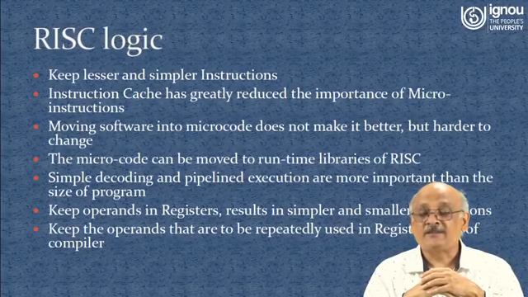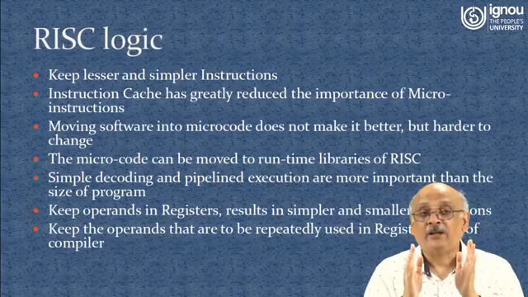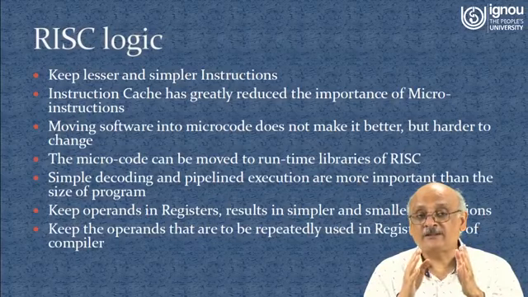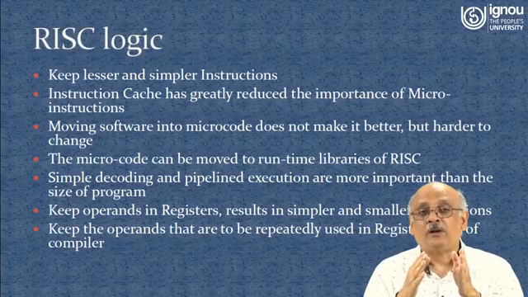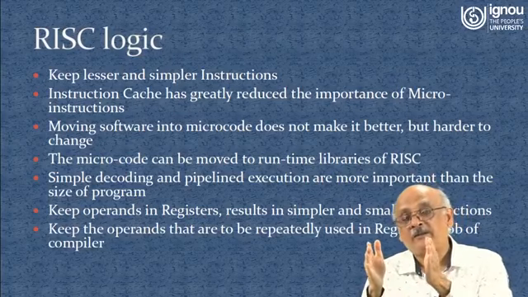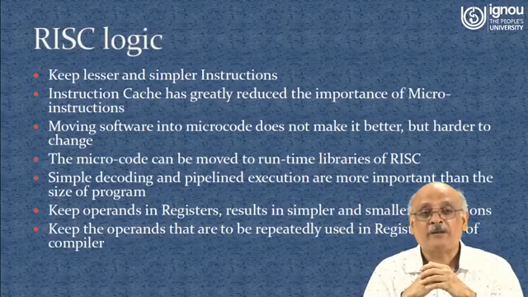Keep operands in registers. Register operands, you know, are the fastest, right? So keeping operands in registers results in simpler and smaller instructions. If I use register operands, I'll have simpler and smaller instruction sets, okay?